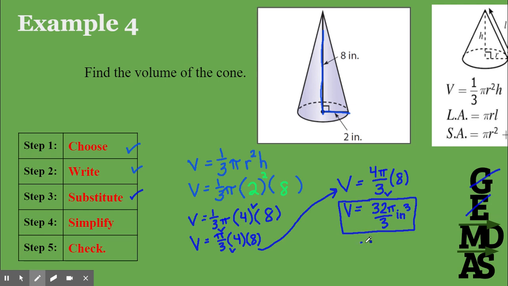But if you want to approximate the answer, you can type that into your calculator, and 32 times pi is 100.48 divided by 3.